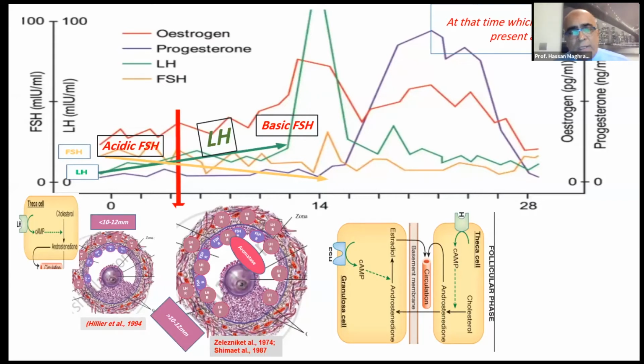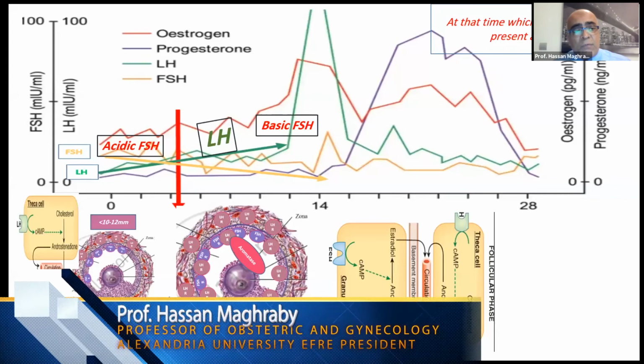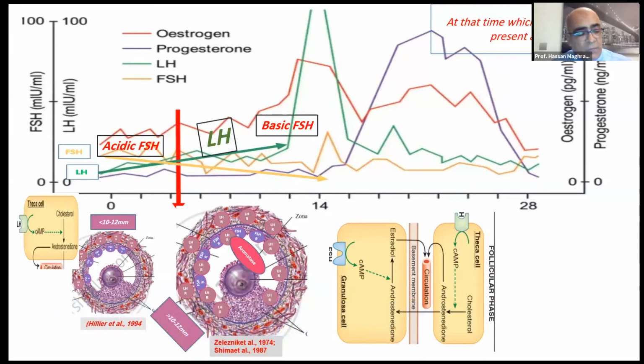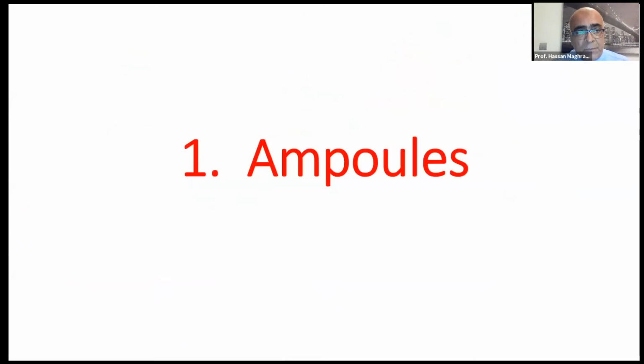Whereas after the follicles attain 12 millimeter size or so, they start to acquire LH receptors on their granulosa cells. In the first half of the follicular phase, the recruitment is done under the effect of acidic FSH. Whereas in the second half of the follicular phase, the growth maintenance is done under the effect of LH, and there are several studies that showed that LH after a size of 12 can maintain follicular growth.